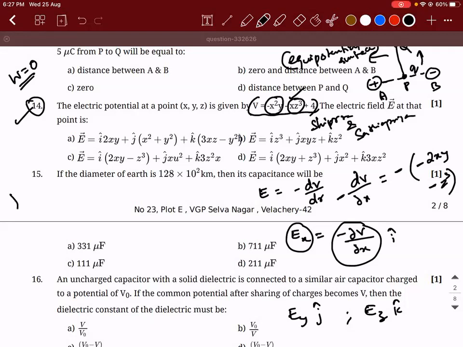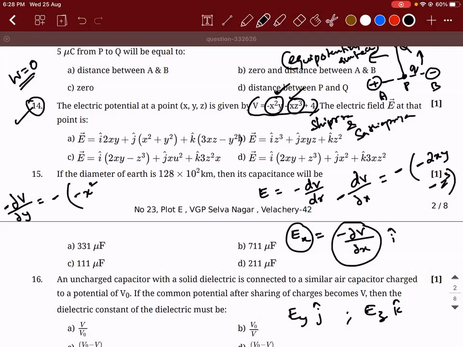Okay. Using the same logic, tell me what will you do for dou V by dou y? Shipra, tell me. Minus of derivative of x square y; y should be differentiated, x square should be taken as constant.